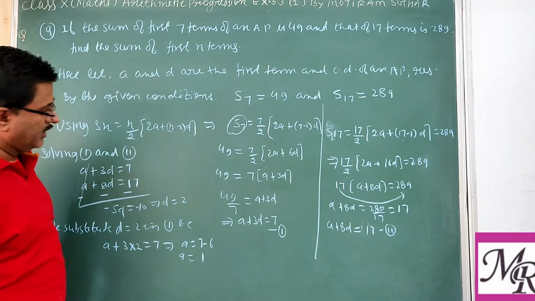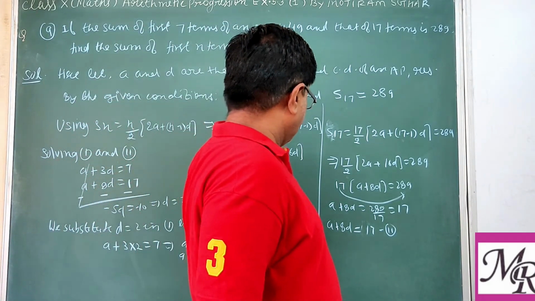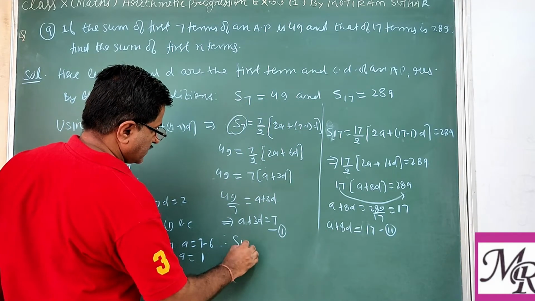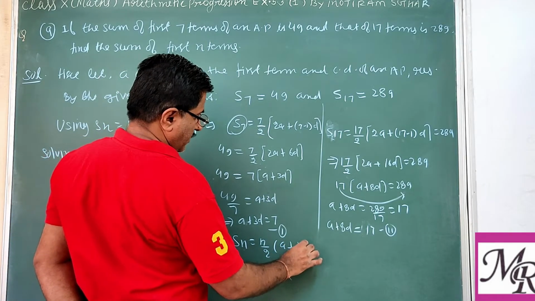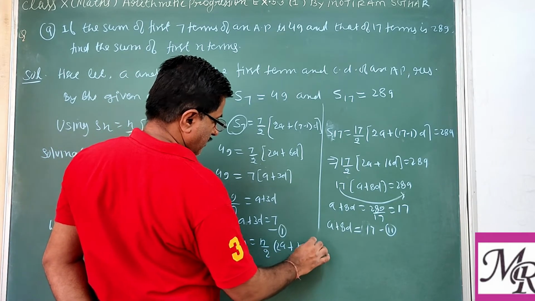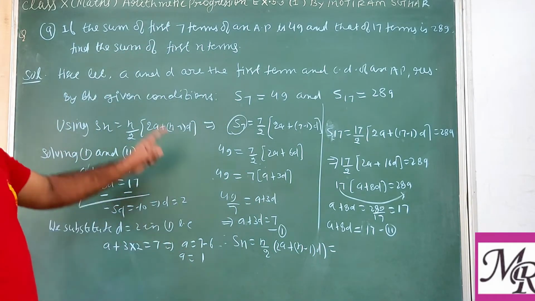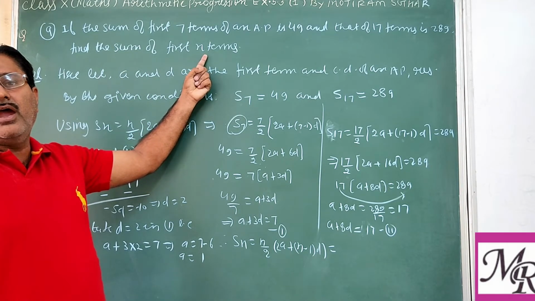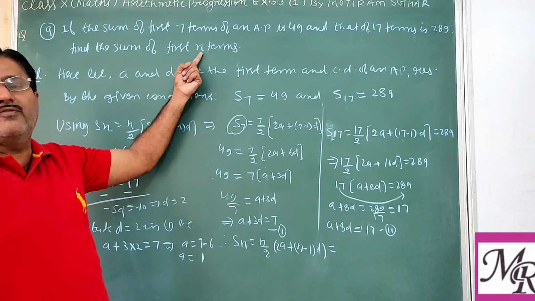Now what do we need? We have to find the sum of n terms. So the formula is, therefore, Sn is n by 2 into 2a plus n minus 1 into d. Now here, this is an important thing: you have to find the sum of first n terms. n is not given as any particular value like 10 terms or 100 terms or 50 terms.